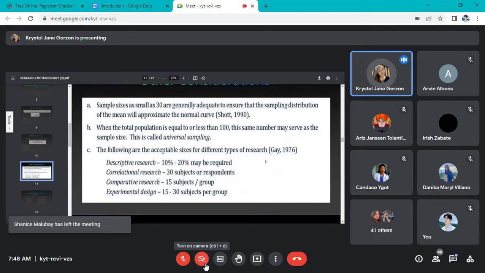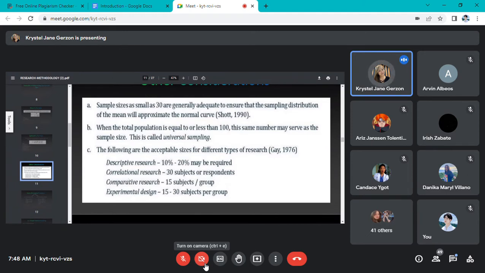Another consideration is according to Gay 1976, which is supported by Schott 1990. Gay said that if your study is descriptive, then you can just take 10 to 20% of the total population, and that would be your respondents. For correlational studies, 30 respondents is already enough.